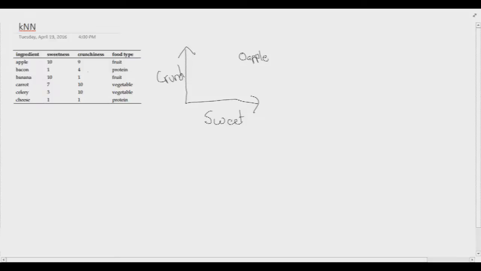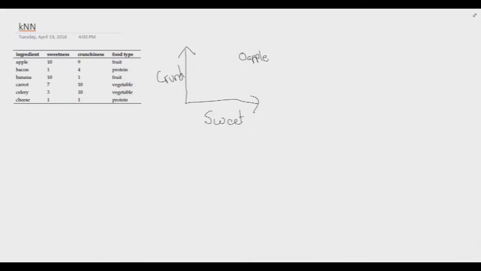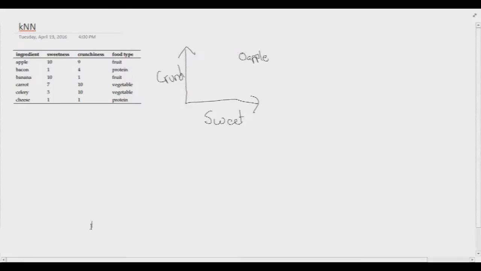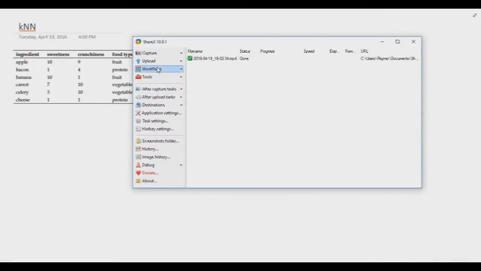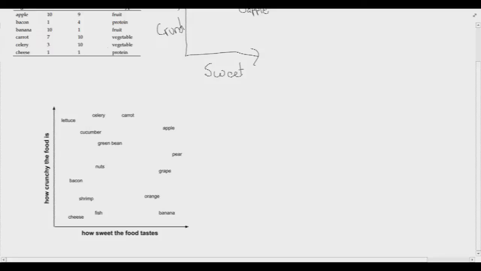And doing the same for all of these, we'll get something like this. Now, as you can see, the apple is right there.